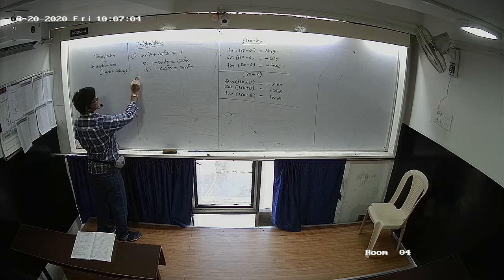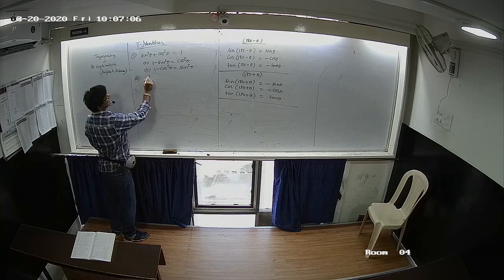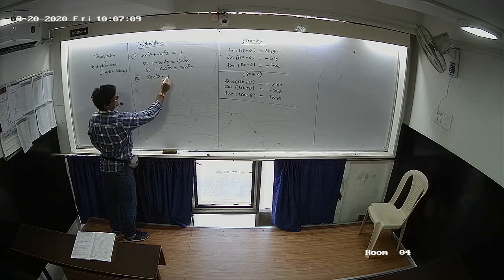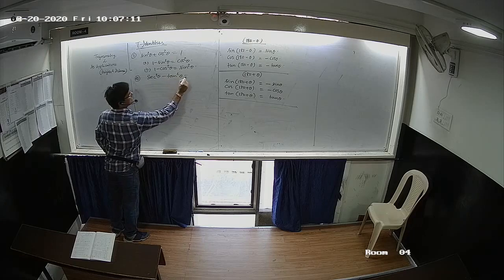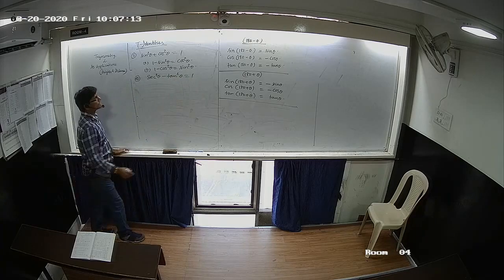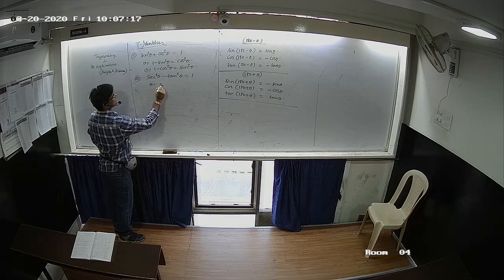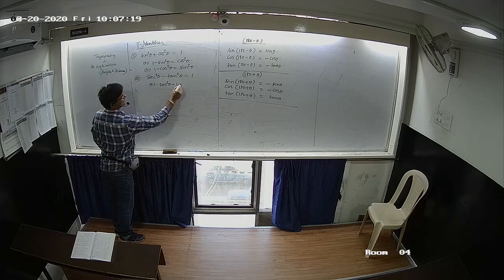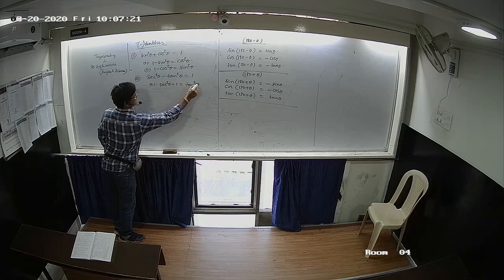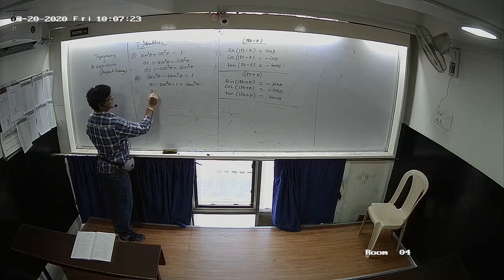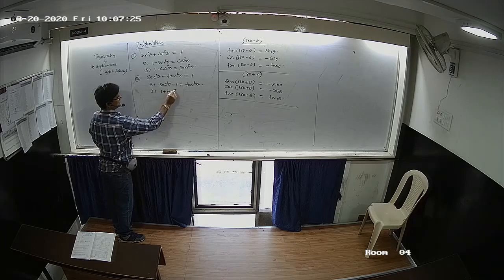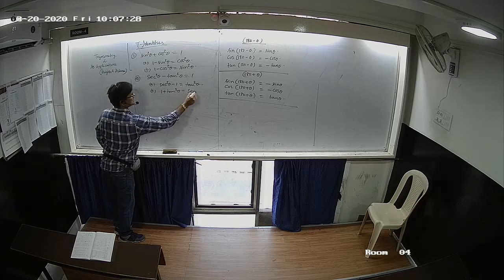Similarly, the second one is sec square theta minus tan square theta is equal to 1. From there, we get sec square theta minus 1 is equal to tan square theta, and another one is 1 plus tan square theta is equal to sec square theta.